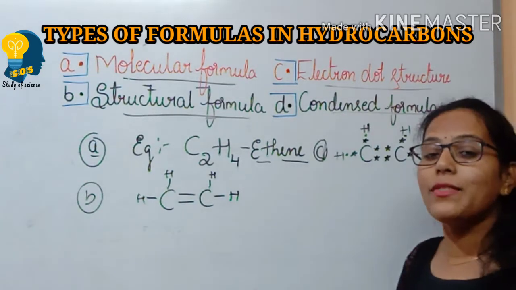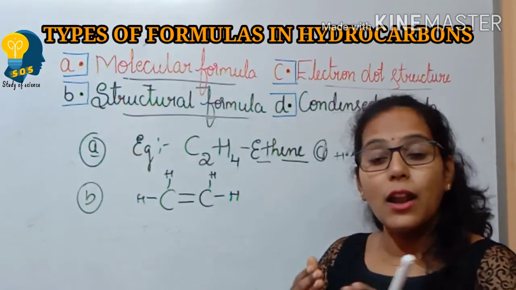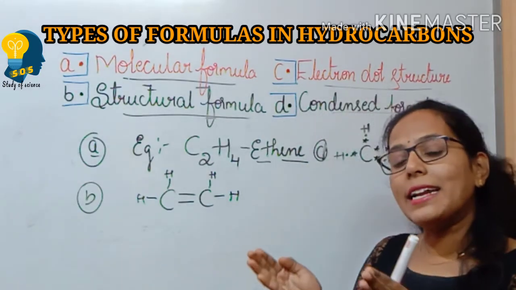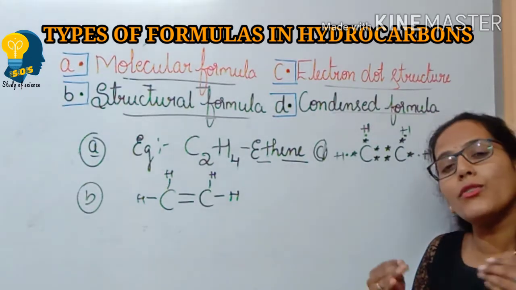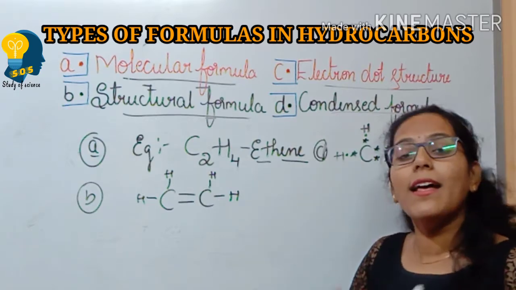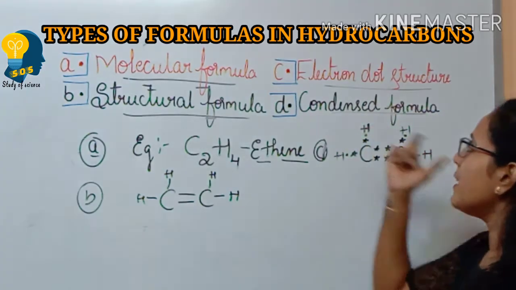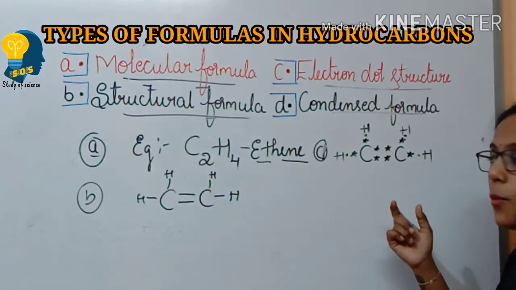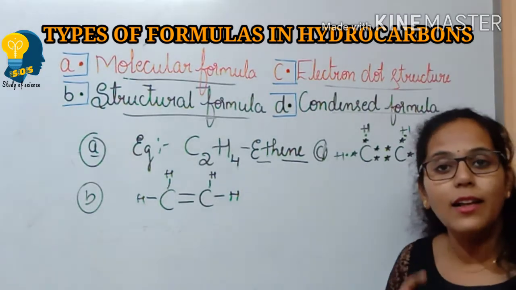For example, if the hydrocarbons have the longest chain, in spite of writing the longest chain, we can write it in the short condensed form. It is not only for the longest one, we can also write for the shorter one. But it will be helpful for writing the longest chain in the shortest form. Condensed formulas are the types of formula that have the shortest forms of the structural formula.